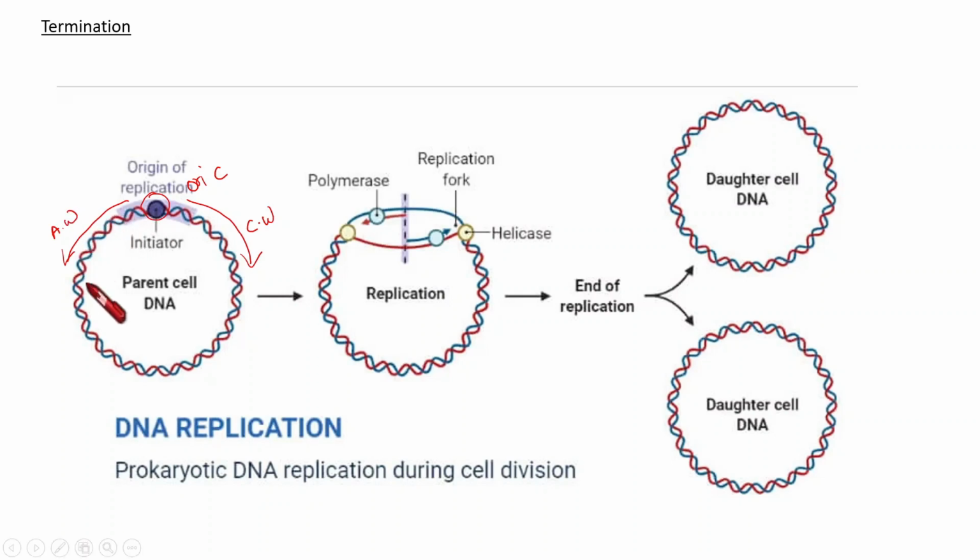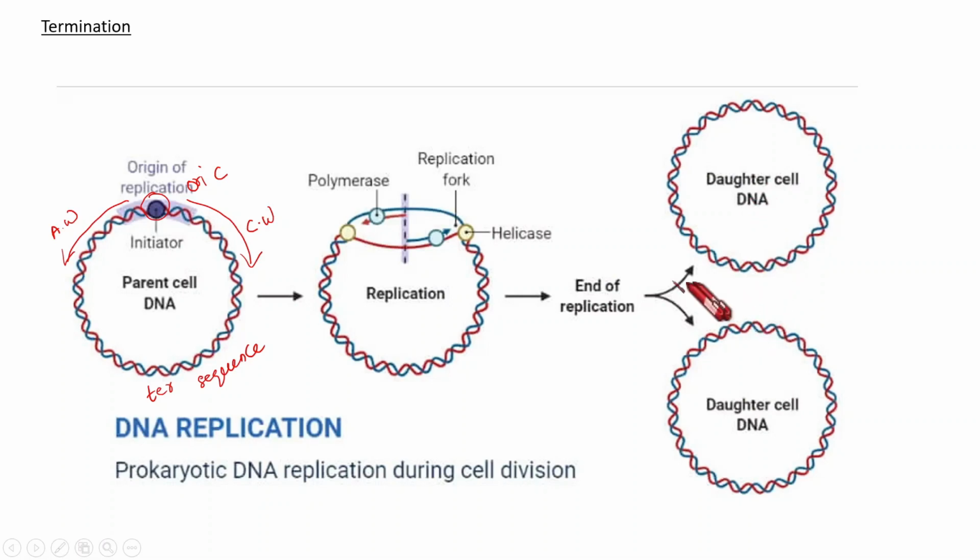In that way, they move, and both directions will meet here, and in this portion there are certain base sequences. They are called ter sequences, or termination sequences. On reaching this sequence, the newly synthesized daughter strand gets unlinked from the parent strand and will form the new daughter DNAs.